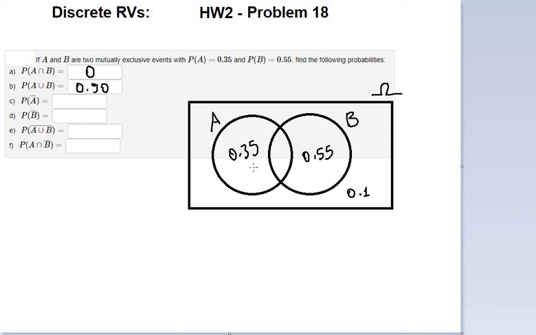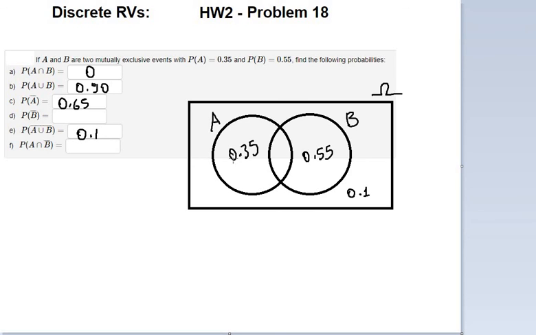Probability of A not is whatever is not A. So it is 0.55 plus 0.1, which is 0.65. A union B not. A union B not is 0.1. We forgot B not.